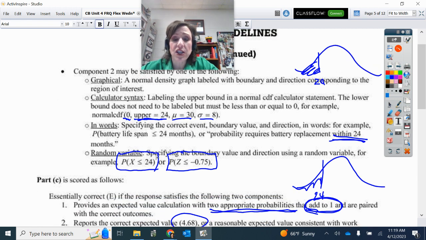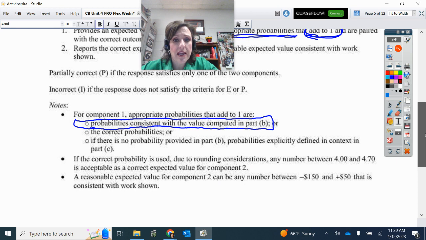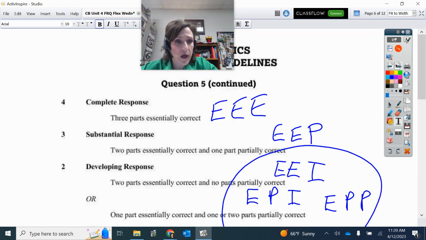And another way is I could have written the probability notation. The probability of getting a month less than or equal to 24, or the z-score less than or equal to negative 0.75. So they don't say in the notes that you get credit. Let's see.